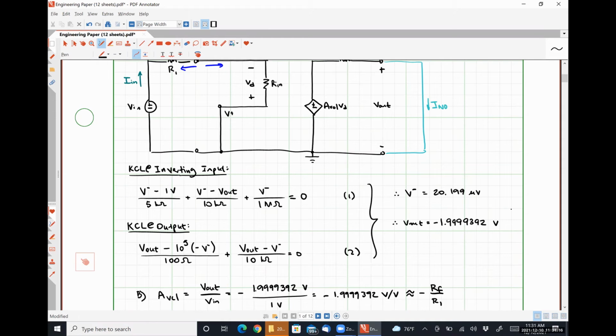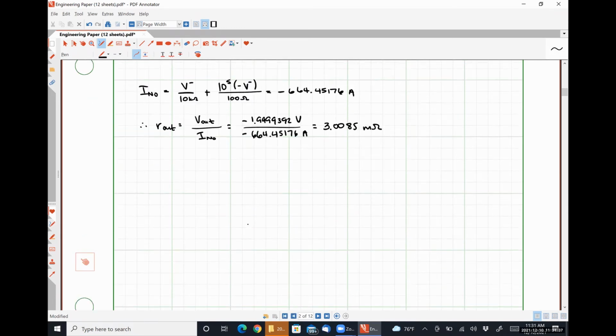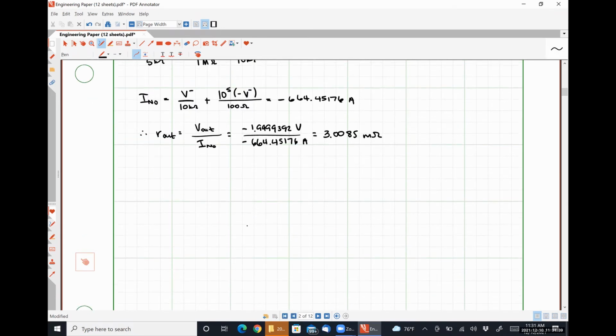Okay, so some things that we have observed here. For this practical op amp circuit, we see that V minus is very small. We see that lowercase r out is very small.